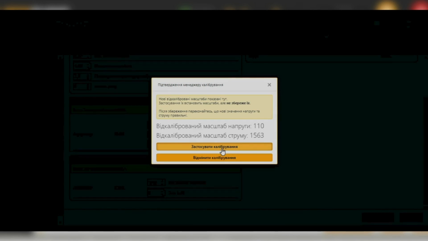You will notice that the voltage and current scales may change after calibration. For instance, the voltage scale might remain the same, but the current scale could decrease from 1700 to 1563.